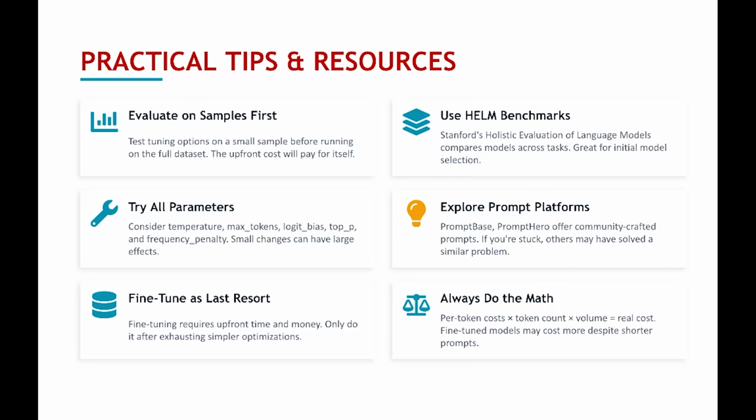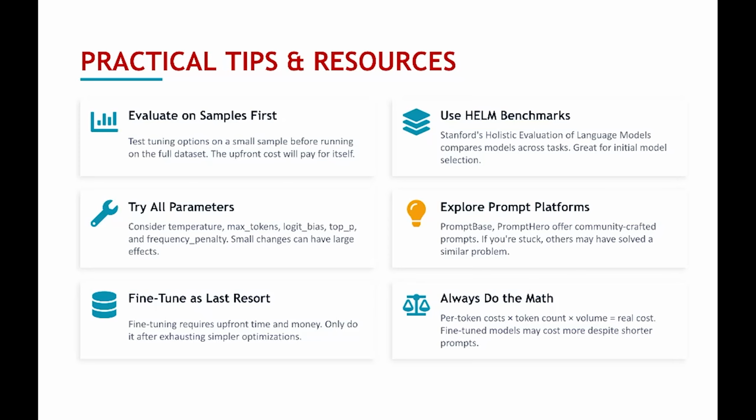So a few practical tips from this chapter. First, always evaluate on samples before scaling. The upfront cost is tiny compared to running the wrong configuration on millions of reviews. Also check Stanford's HELM benchmarks for model comparisons, and systematically try all available parameters.